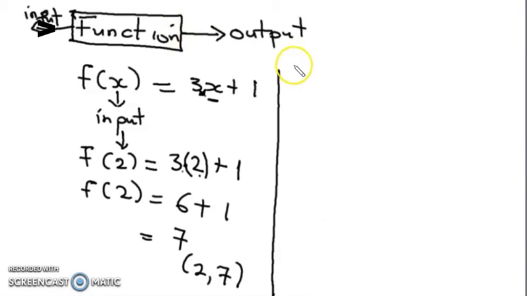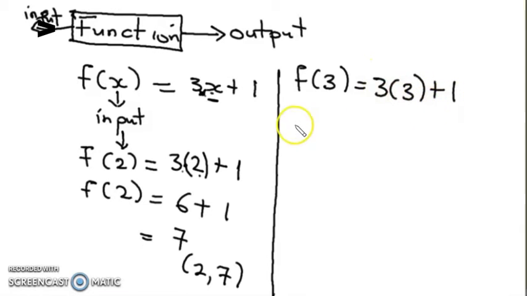Now, what would f of 3 be? So once again, everywhere we see the x variable, we would replace it with 3. So we have 3 times 3 plus 1. So f of 3 will be 9 plus 1, which is equal to 10.